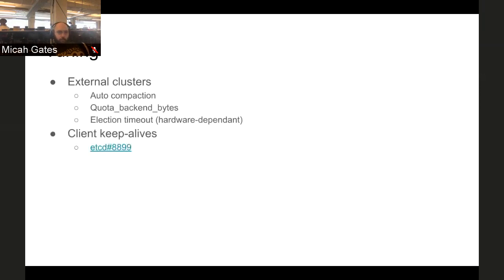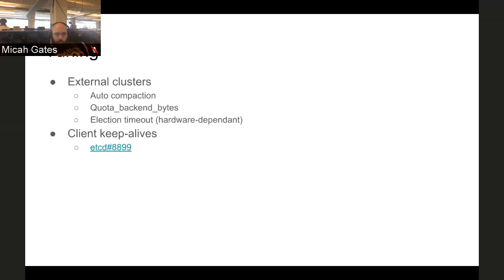So tuning these clusters, the external clusters. Since, again, this is data that's written to a bit more frequently, since users can write these rules, we have auto compaction enabled there. We have a larger backend limit. It's currently set to 64 gigabytes for one of the external clusters, although we're not yet anywhere near that limit.